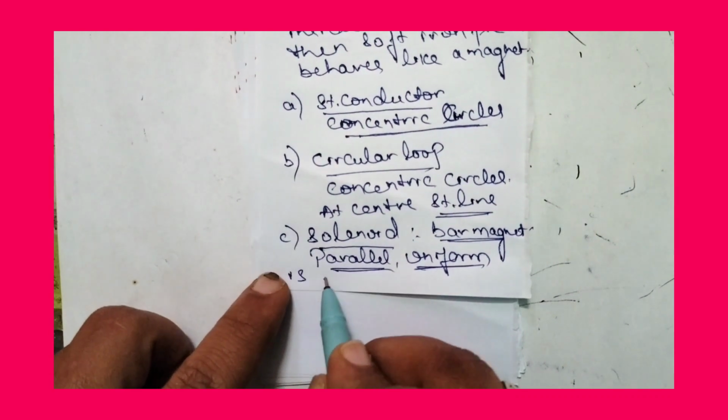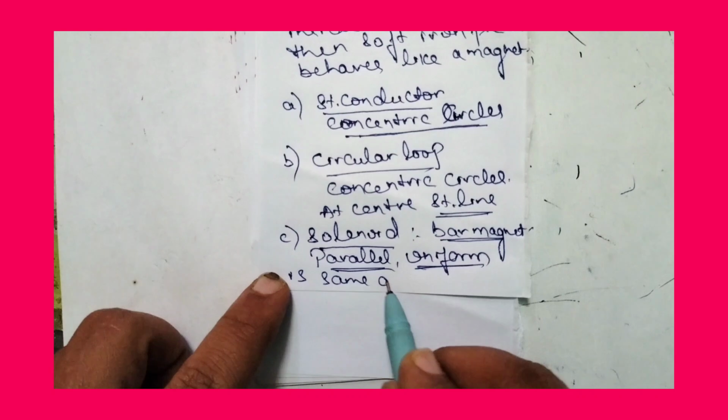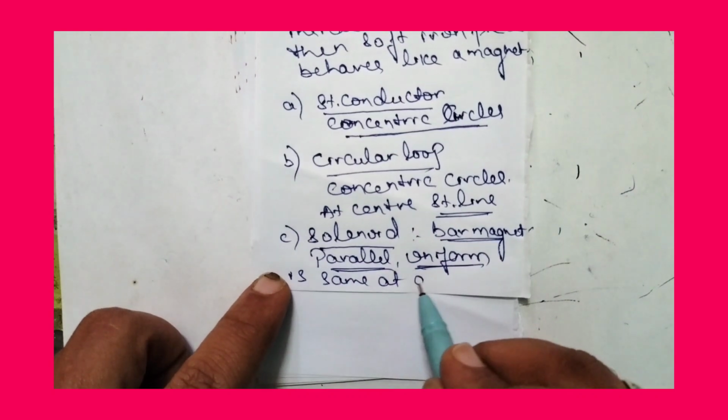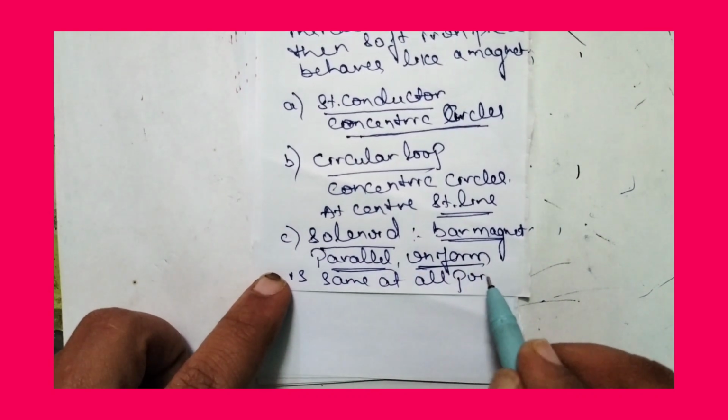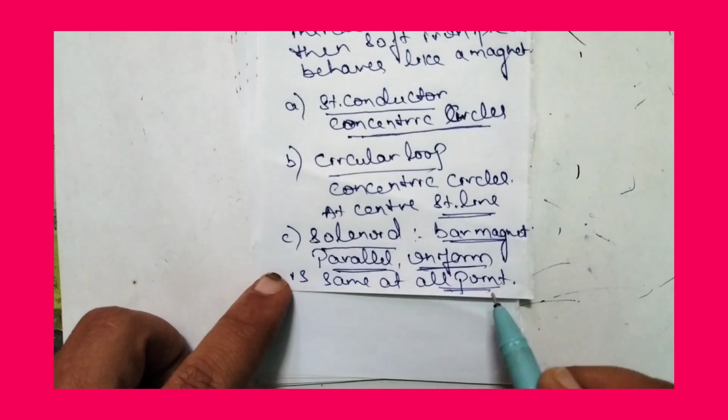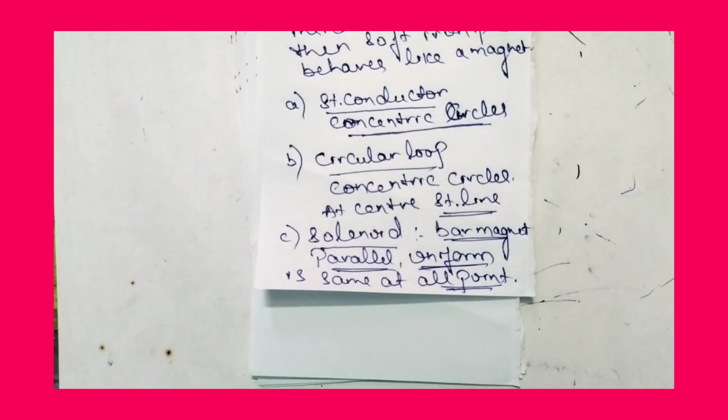At the center it is the same, uniform, meaning it is the same at all points. Everywhere the magnetic field, the strength of the field lines, is the same. Around the solenoid the magnetic field lines will be similar to those of a bar magnet, but at the center the magnetic field lines will be parallel, uniform and the same at all points.